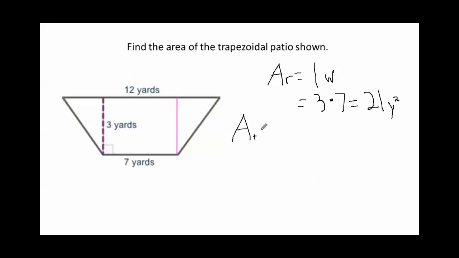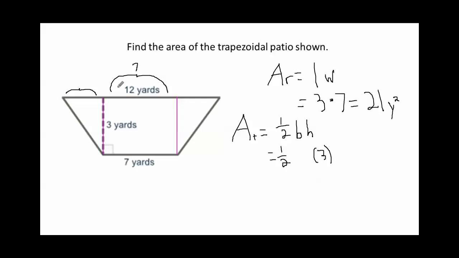So I'm going to have 1/2. I know my height is 3, but I'm not quite sure what my base is. What is this measurement right here? I know the whole thing across is 7. I know just this piece is 7. The whole thing across the whole entire trapezoid is 12, but I need this missing piece as well.